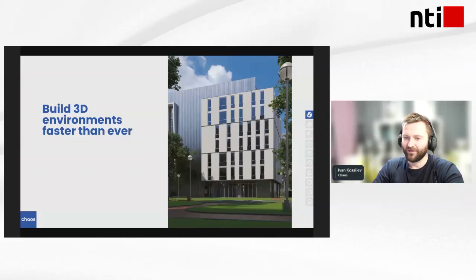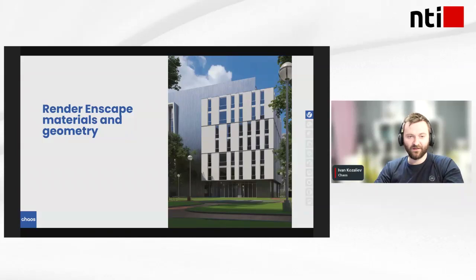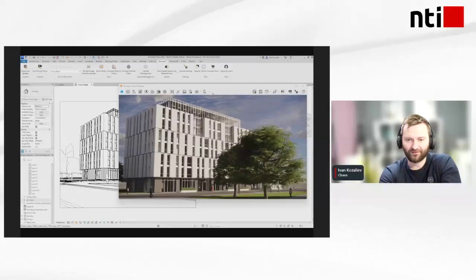Okay, the first thing was, of course, to render the Enscape information in V-Ray, because our project was already set with V-Ray. For that reason, we are taking advantage of the so-called bridge, which works by default, right out of the box.